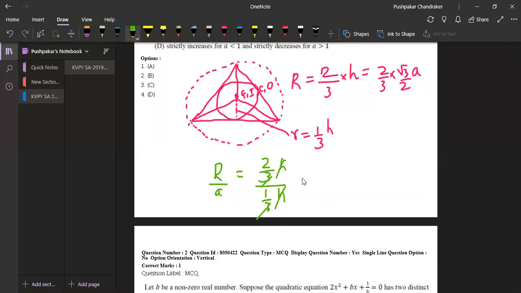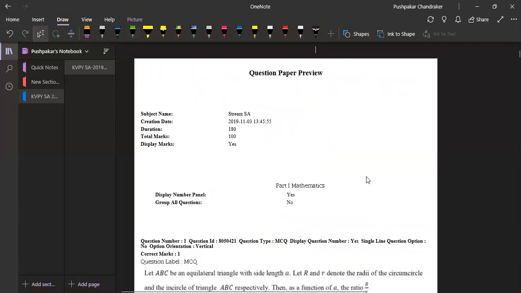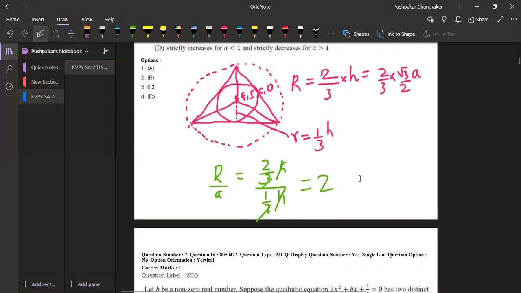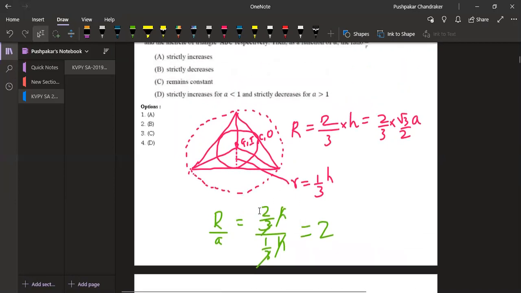The 3 gets cancelled, that value is 2. It means the ratio of capital R and small r is always constant. So that is option C.